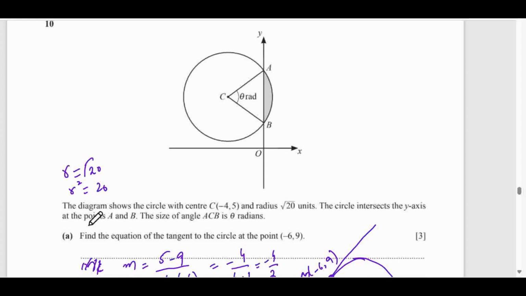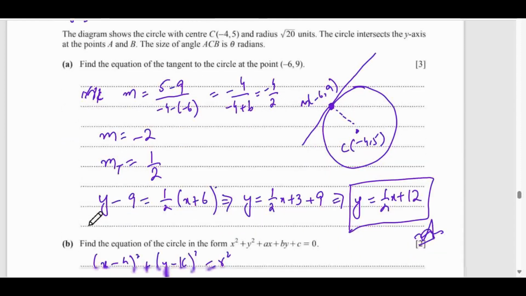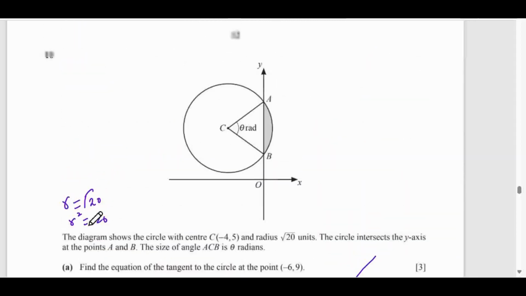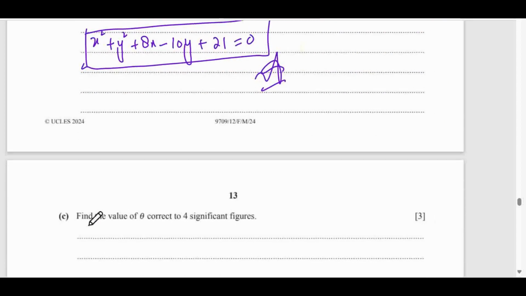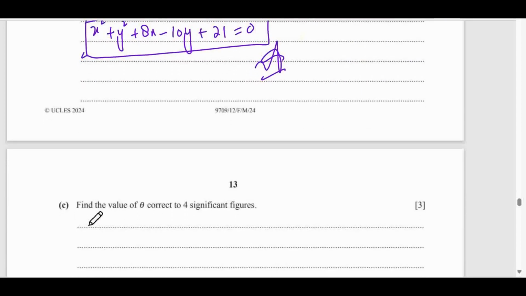We can easily find the angle theta, but for that we need the coordinates of A and B. We know they lie on the y-axis, which means at x equals 0 in the equation of the circle these 2 points lie.